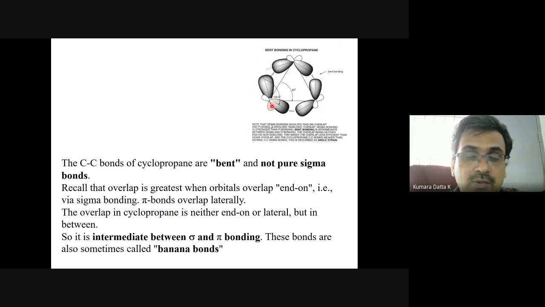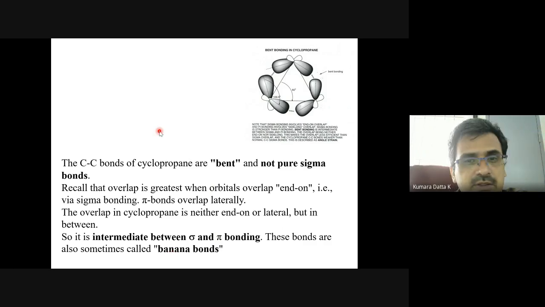It is neither pi orbital overlap nor sigma bond overlap. So what happens in such systems? If you look at the p orbitals of carbon and how they are overlapping, they are in between sigma bonding and pi bonding. As already pointed out, this has to do with calling such bonds banana bonds.